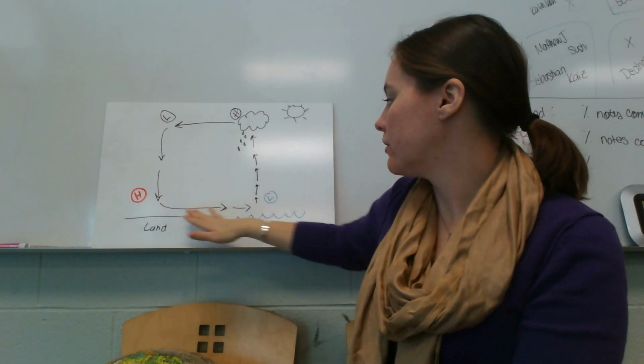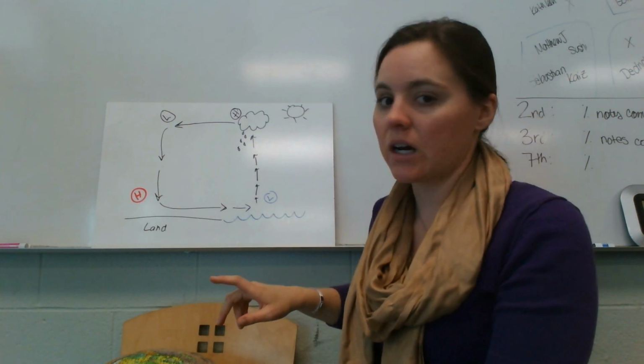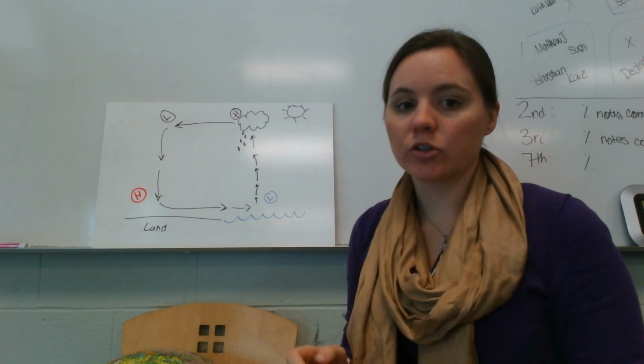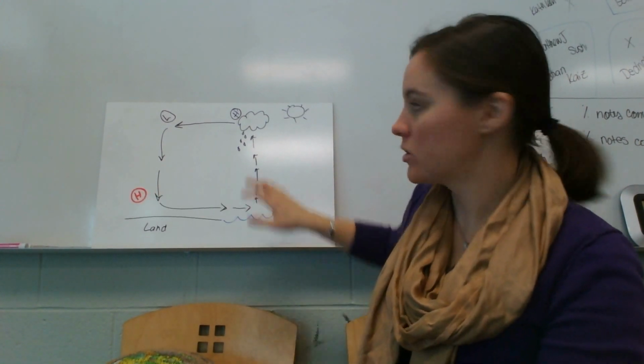And then again, air molecules tend to travel from high pressure to low pressure, and so they'll move towards the low pressure system. So we tend to be a little bit more dry inland and a little bit more wet towards the coast.